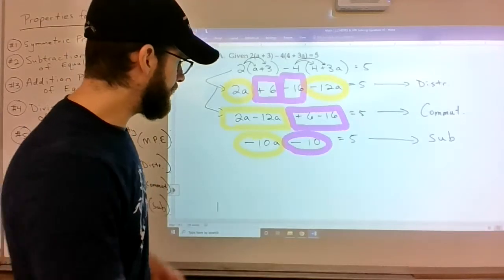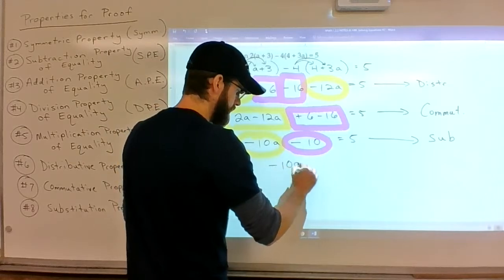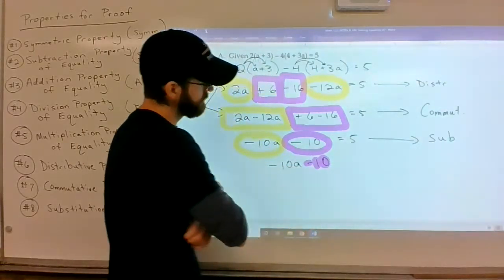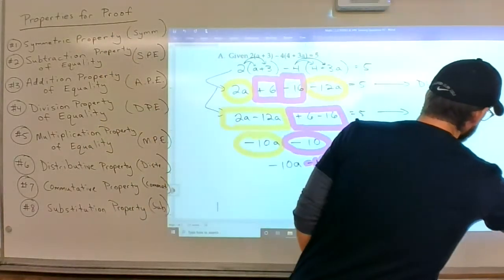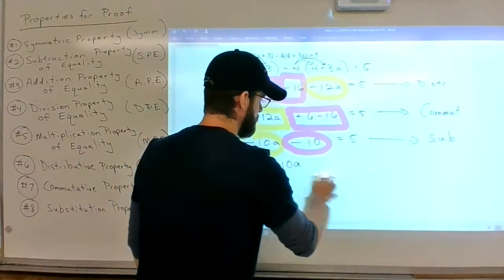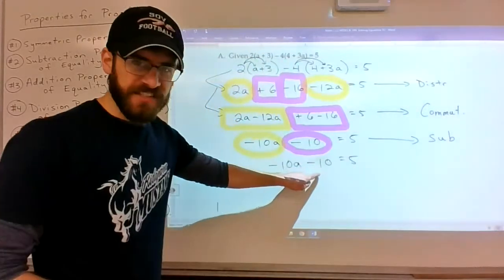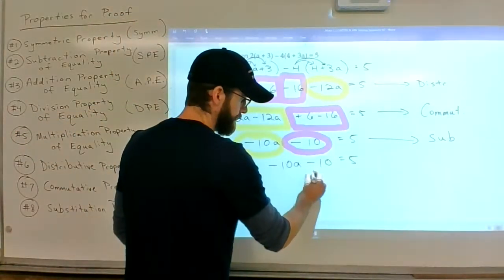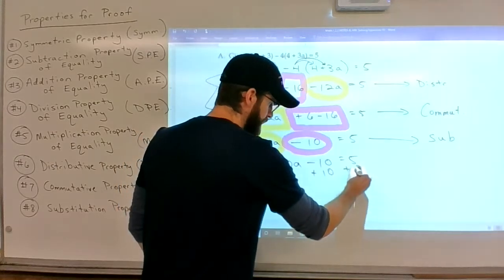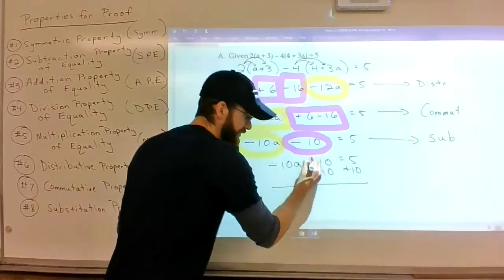So how do we solve that? Well, we want to get our constants on the same side as one another. So you're going to add 10 to both sides, which gets rid of this.